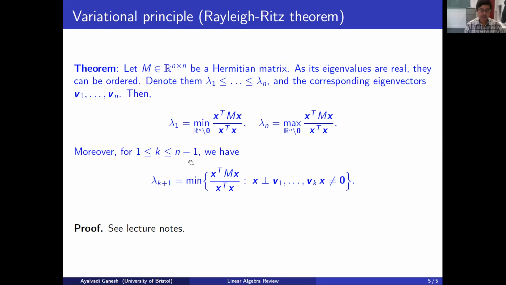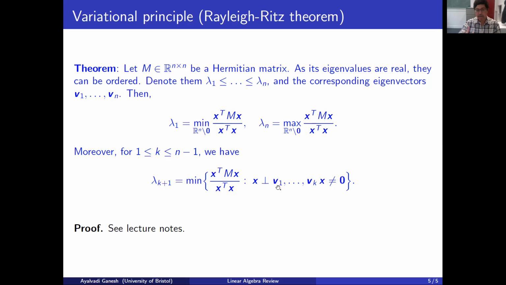You minimize it over the orthogonal complement of the subspace spanned by the vectors v1 through vk, the eigenvectors corresponding to all the smaller eigenvalues, lambda 1 through lambda k. So let me say this again for lambda 2, let's say. Lambda 2 is the minimum of this ratio over all vectors which are orthogonal to v1.